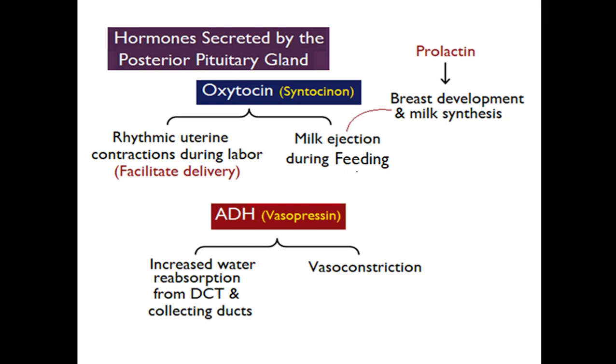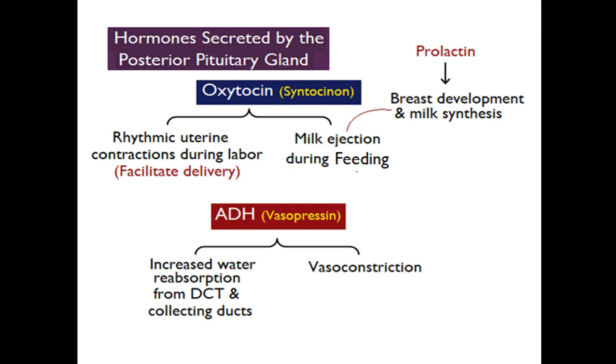The antidiuretic hormone, or vasopressin, has two actions. It flows in the blood into the kidney, and in the kidney nephron it acts on the cells of the distal convoluted tubules and collecting ducts. And here the antidiuretic hormone facilitates and increases the reabsorption of water from the urine.